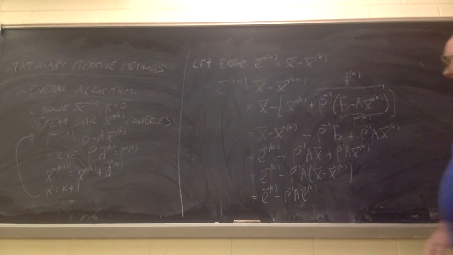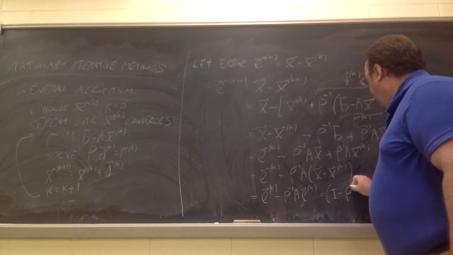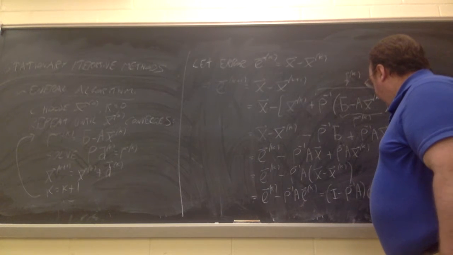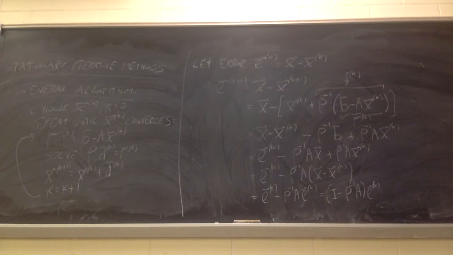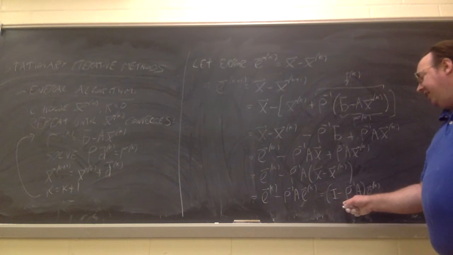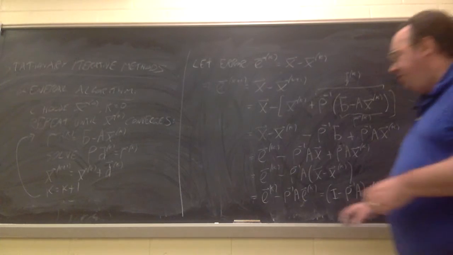But now I can factor ek out to the right. So I have identity minus P inverse A times ek. So that's how each error depends on the previous error, multiplying by identity minus P inverse A. And that tells us when convergence happens.